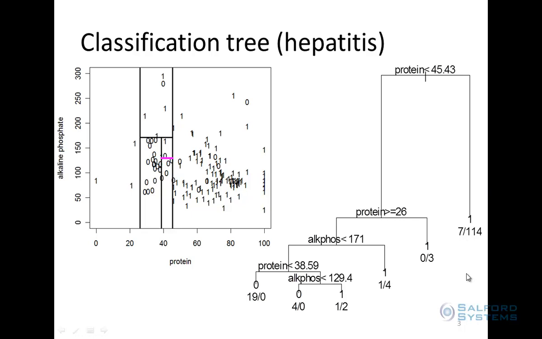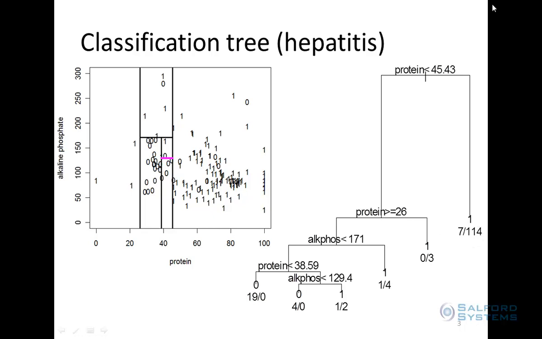The ones are having hepatitis, the zeros are not having it. And what happens here is that if a person in this group comes in, they have a test on their protein. If they're less than 45.43, they're going to go left. If they're not, they're going to go right.